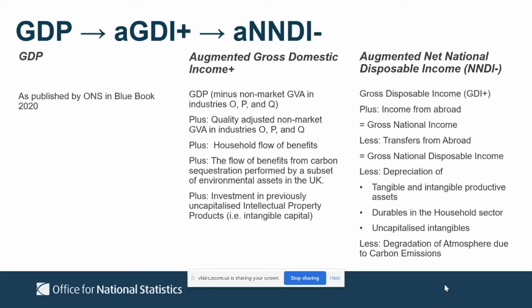And so just for the UK context, I've put quality adjusted non-market GVA in the public sector, the non-market industries. For those who saw the panel session on the first evening of the conference that Joe Grice chaired, we're going to go back and talk about that a little bit. But also, a number of you will have seen the ONS's publications about previously uncapitalized intellectual property products, so intangible capital.